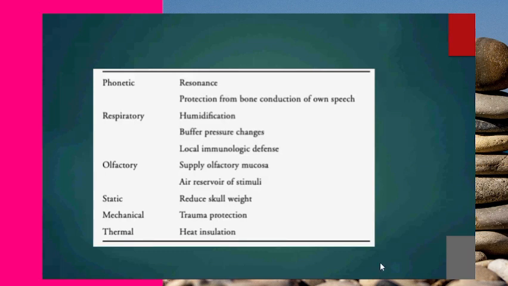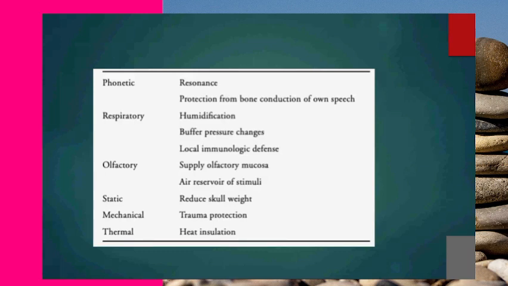In the respiratory section, it causes humidification, it buffers pressure changes, and it also acts as a local immunogenic defense, just like what we have discussed now, from the vibrissae to the mucosal layer. Also, make a note that IgA antibodies can also be seen in the mucosal layer, which contributes to the local immunogenic effect.